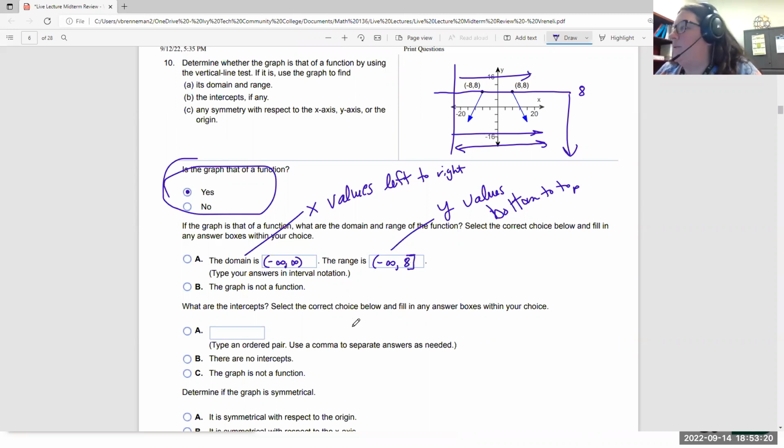All right, for the intercepts, I'm looking at anywhere that the graph touches or crosses either axis. So I've got one here, one here, one here, and it does say type an ordered pair. That's the only way in this case of knowing whether it's an X or Y value. So I have to be careful reading this graph as well. So I have negative 20 here, and there are 5 spaces, so each space is 4.